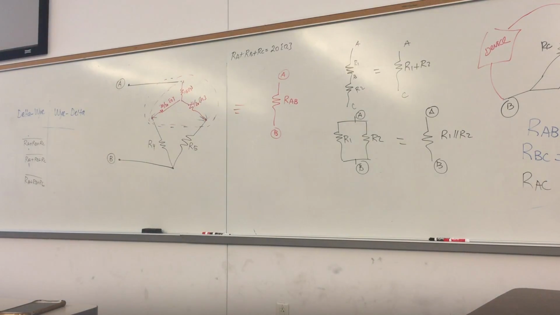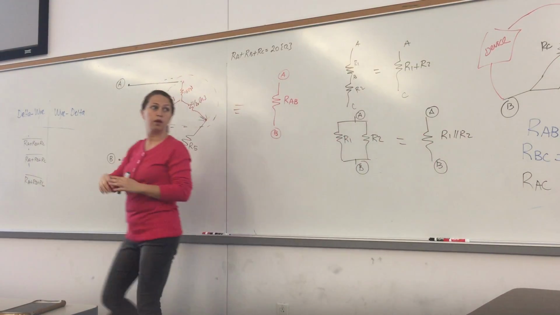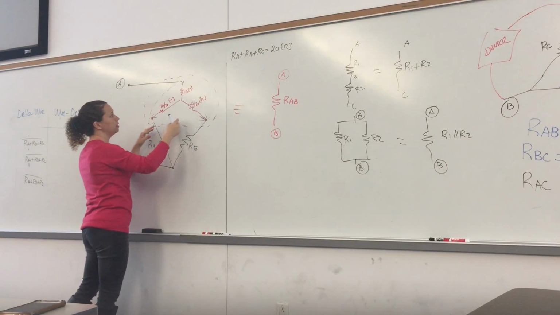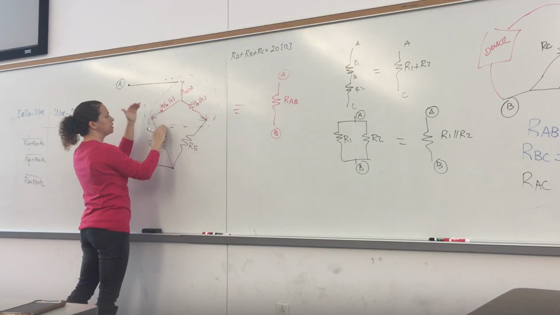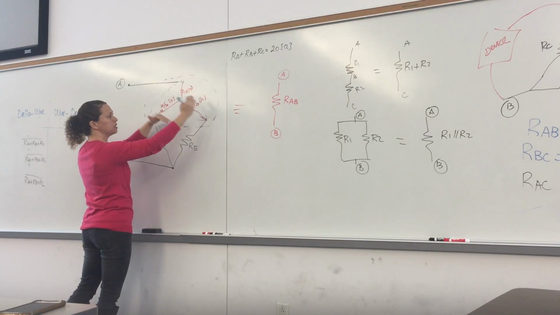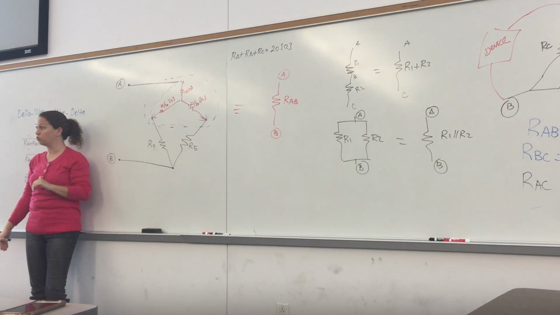Because one problem is you can calculate those values, but if you place them wrong, you're going to get the problem wrong, right? But I think the easier way is just to do it on the circuit like that. Once you put your delta, you calculate this multiplied by this divided by the total resistance, this multiplied by this divided by the total resistance, and those two multiplied divided by the total resistance, to go from delta to Y.